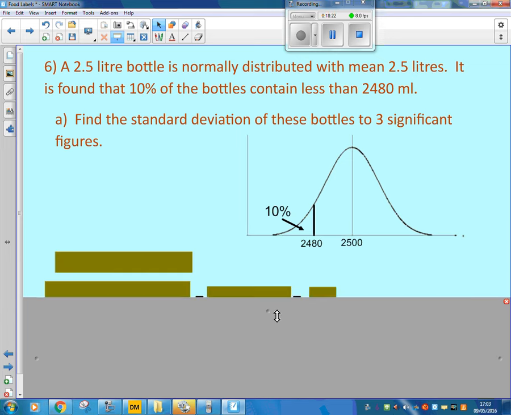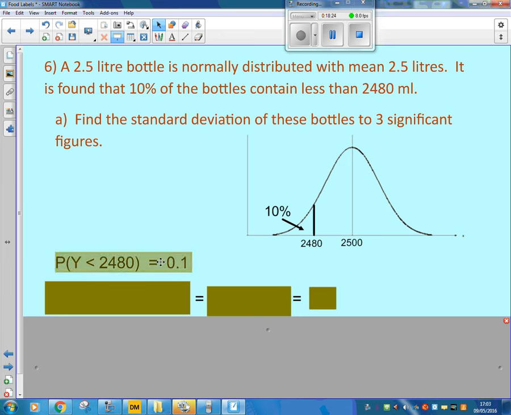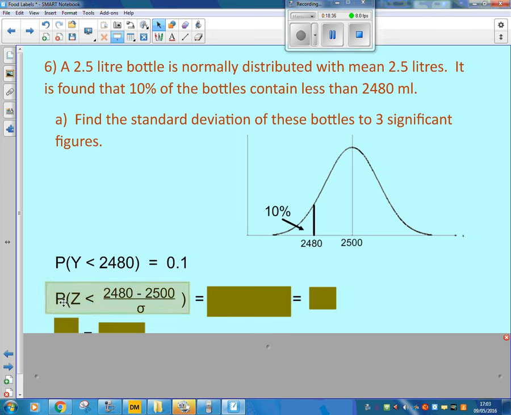There's my mean. So P, and I'm using Y now just because it's a different bottle. I could use X. It's less than 2480, and I'm told that's 10%, which is 0.1. So it's the same process as before, standardize. But this time, I know the value, I know the mean, I don't know the standard deviation.